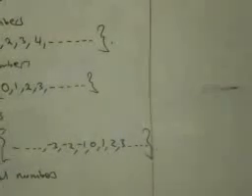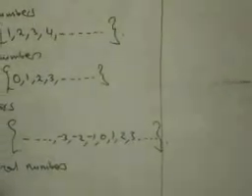Rational numbers. As you hear the word rational, these are numbers that can be expressed in the form A over B. If a number cannot be expressed in that form, then it's not a rational number.